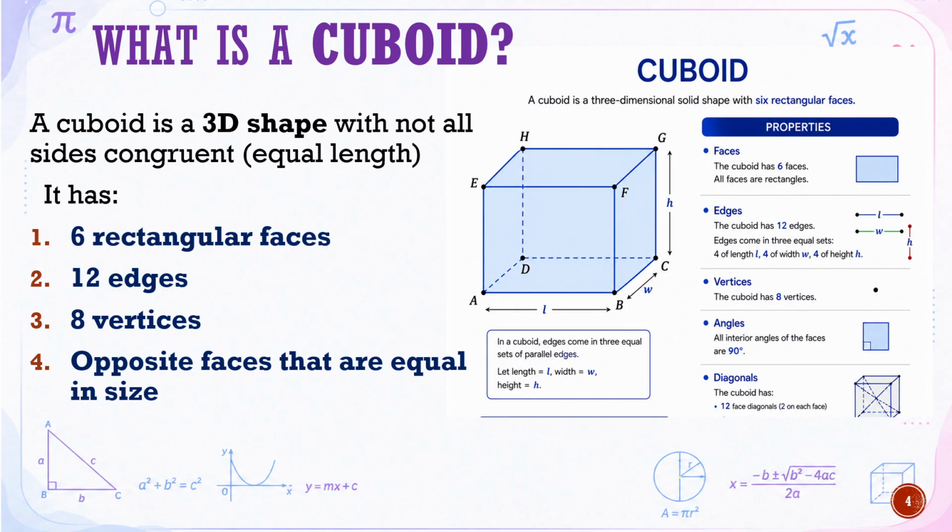As it has 6 rectangular faces, you would have the opposite sides having the same or equal sizes, similar to a rectangle. If you remember, in a rectangle the opposite sides are the same, the ones which are facing each other. And as a cuboid is made up of rectangular faces only, you will have opposite faces of the cuboid also with equal sizes.